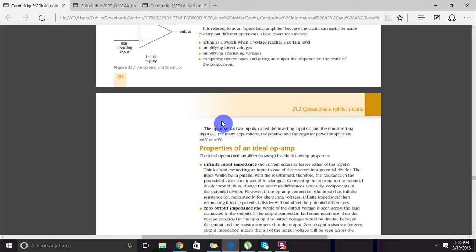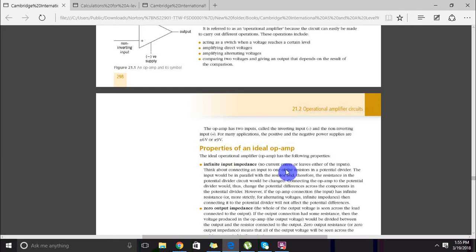So let's think about it. If we were to connect an input to one of the resistors in a potential divider, what does that mean? You know what a potential divider circuit is, don't you? There are simple ones and there are more complicated ones that integrate a resistor whose resistance isn't constant.